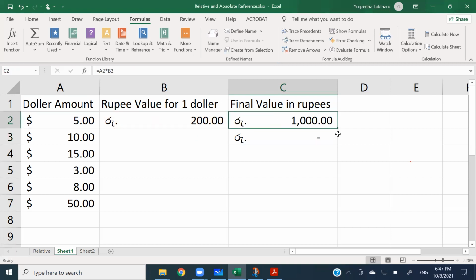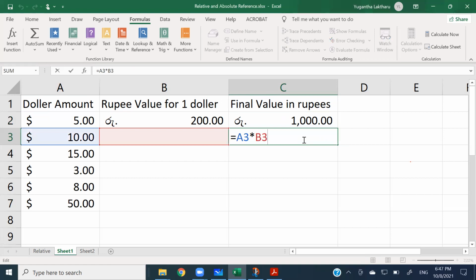But when we copy this particular formula using the fill handle to the next cell, it is copied as equals A3 into B3. So that is the normal way it is being copied, right? So far we know the formulas are being relatively copied to the cells.